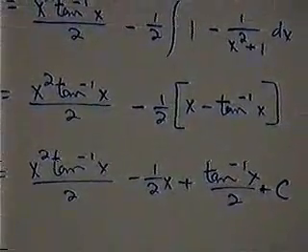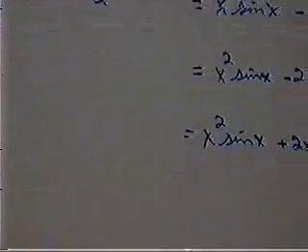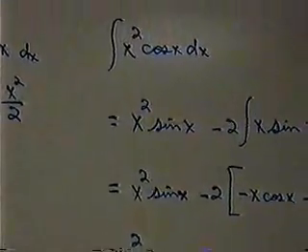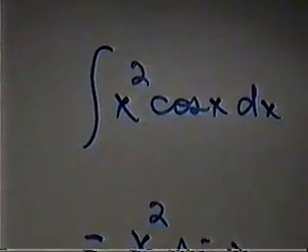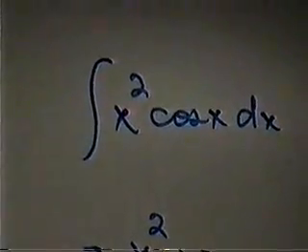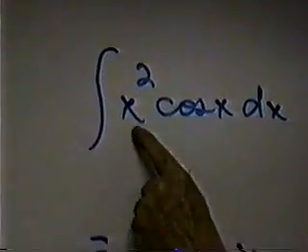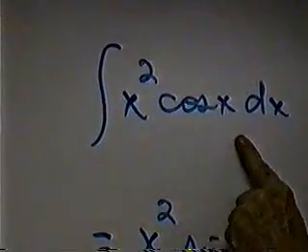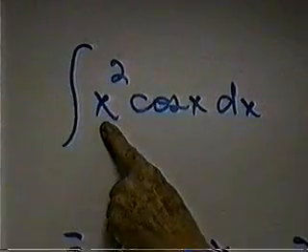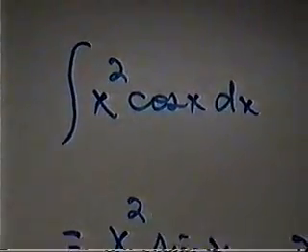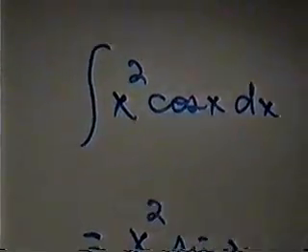All right, next example. And the next example is one where we have to do integration by parts twice. And so I want to show you how this one works. All right, what we have is the integration of x squared cosine x. Well, that's trig, and that's algebra. So it means that, let's go over and replace this u and dv part.